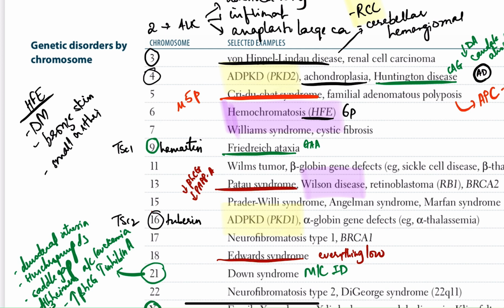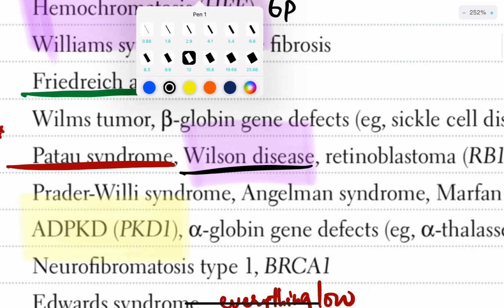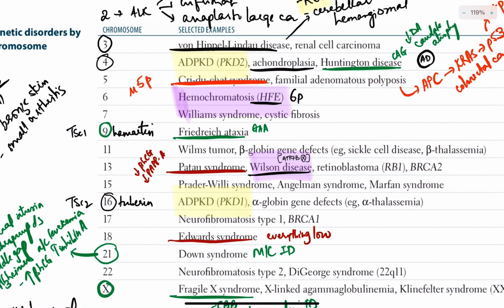Right? As compared to that, we are going to compare it with Wilson's. In Wilson's, the defect is that the ATP7B gene is defective, right? This leads to copper not being incorporated into ceruloplasmin.